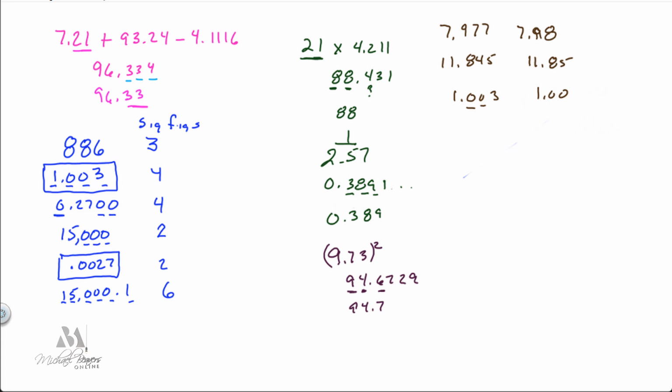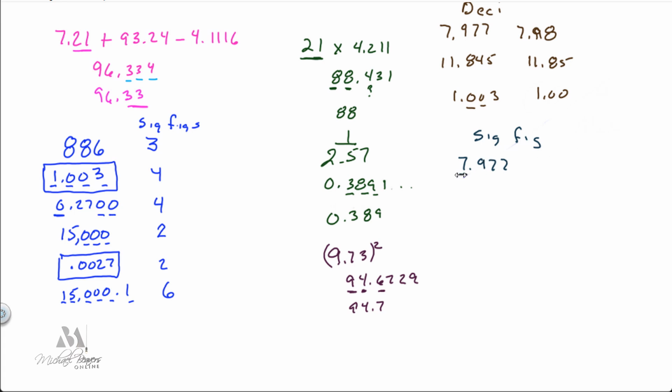Okay, so how does that compare with significant digits? We've been rounding to 2 decimal places. Let's round to 2 significant figures. So let's round this same number, 7.977, sorry, to 2 significant figures.